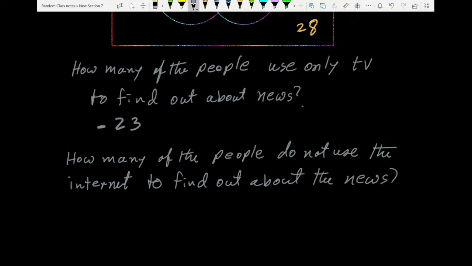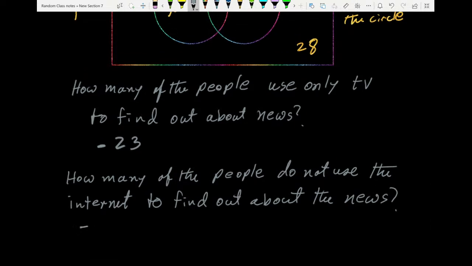And this is a tricky one. Read it very carefully. It's saying how many of the people do not use the internet to find out about the news. So they could use anything else, but they don't use the internet.